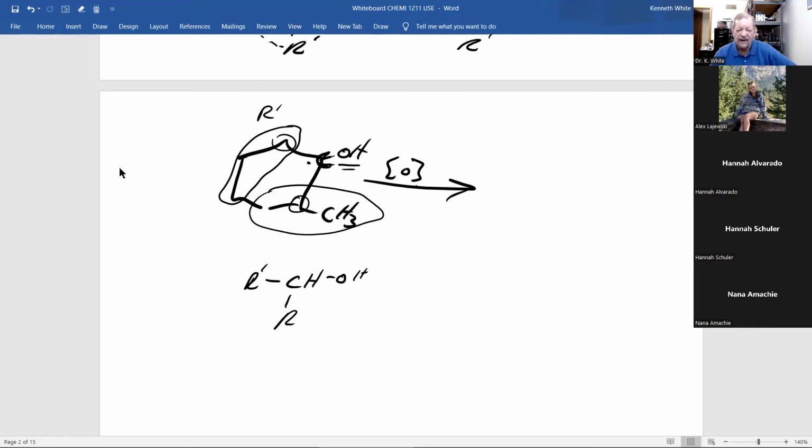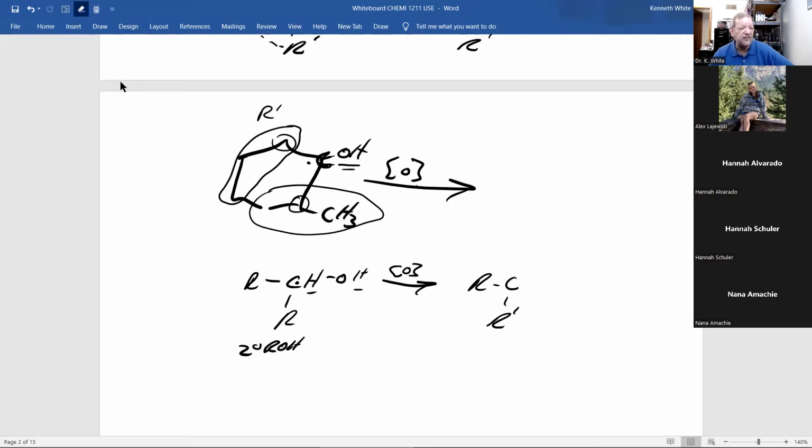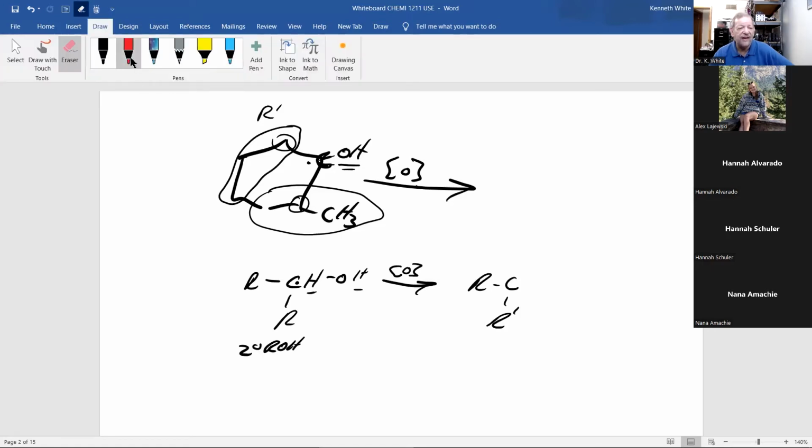And what happens when you oxidize a secondary alcohol, two R groups on the carbon with the hydroxyl, there's this hydrogen and this hydrogen. What's attached to that carbon is still attached. And let me do something quick, because of my preference, as I normally do it, I'll make that R prime.